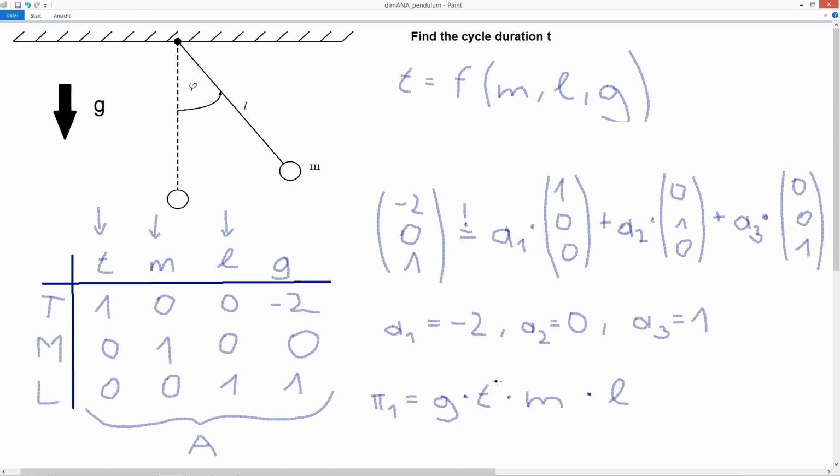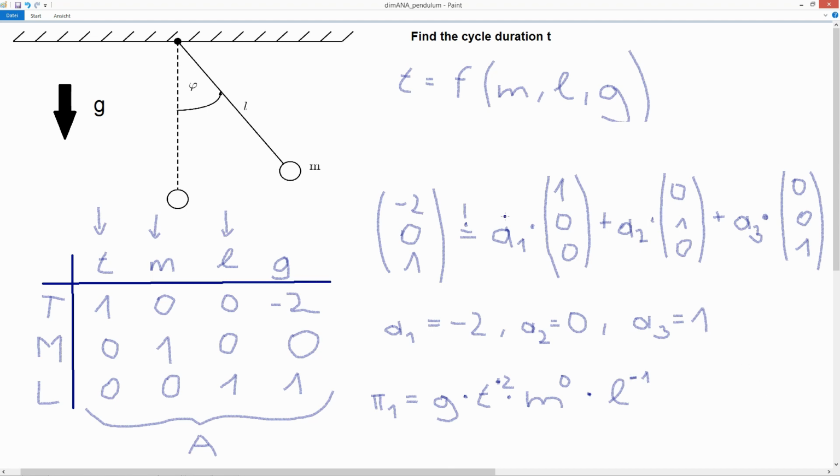So T gets the exponent -2, m 0, and L 1. The last thing you have to do is to change the signs of these exponents. So -2 becomes +2, 0 doesn't have a sign, and 1 becomes -1.